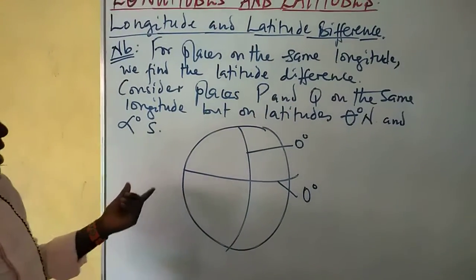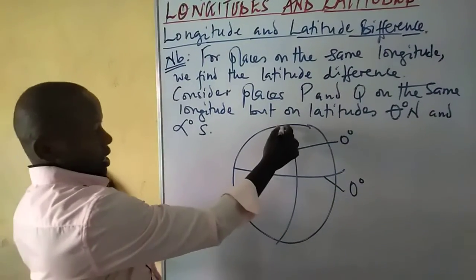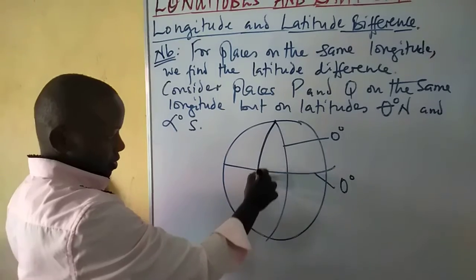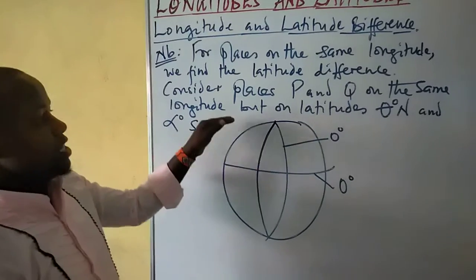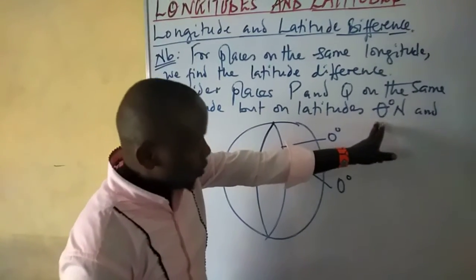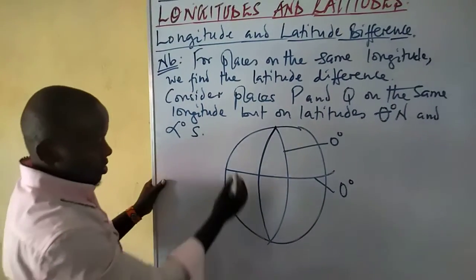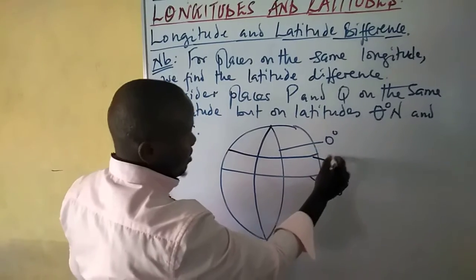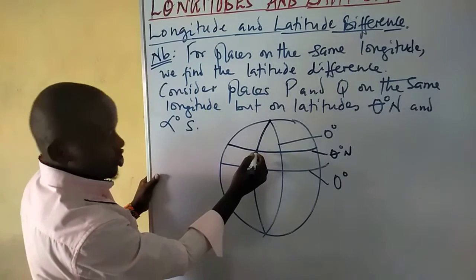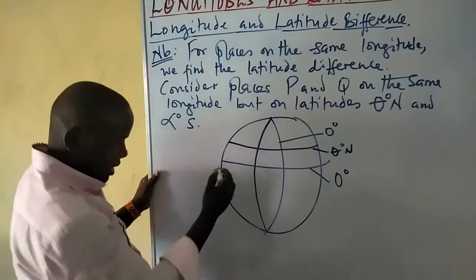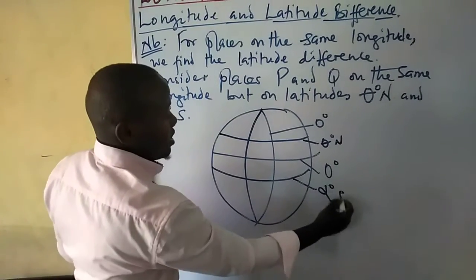Now, if our places P and Q are on the same longitude, like this, we have different latitudes: theta degrees north, and the other one is alpha degrees on the south, a different angle.